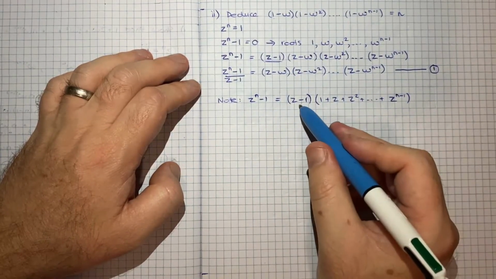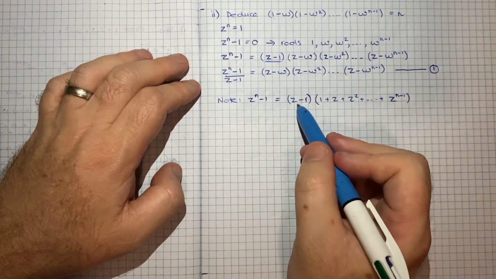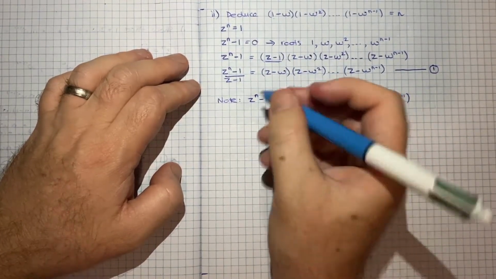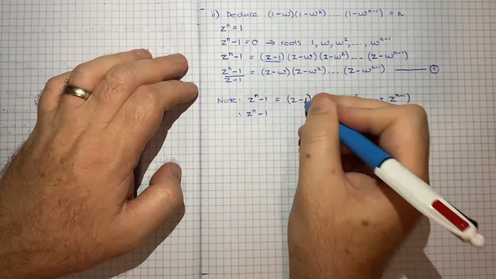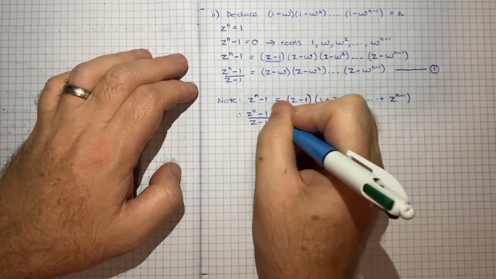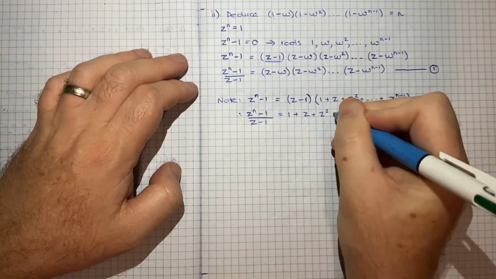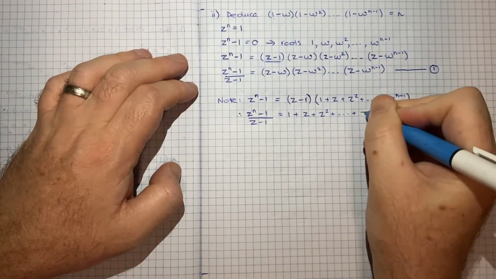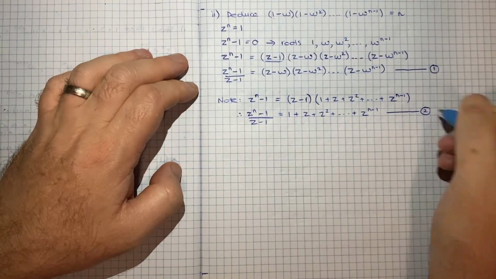So it's definitely legit, and in our case it can help us because, again, I'm going to bring the z minus 1 over, so we can say z to the n minus 1 on z minus 1 is equal to 1 plus z plus z squared and so on up to z to the n minus 1, and I might call that equation 2.